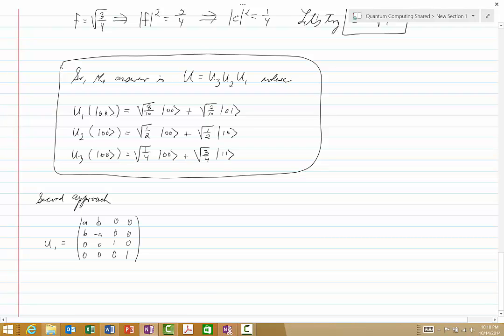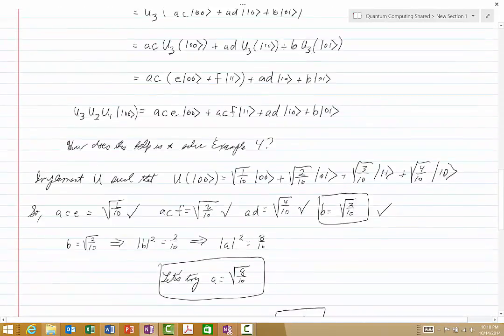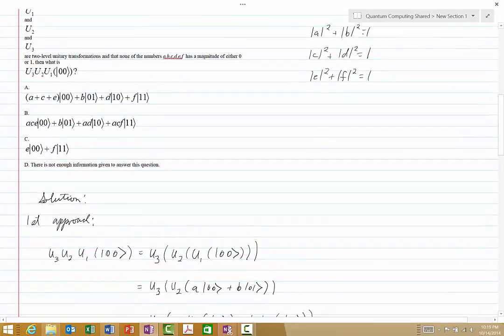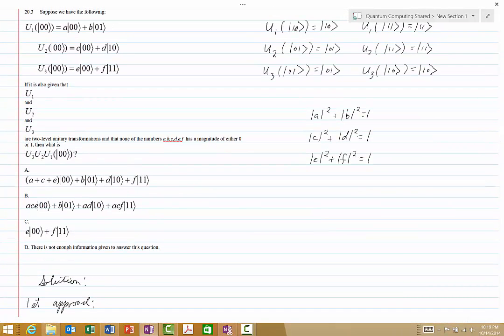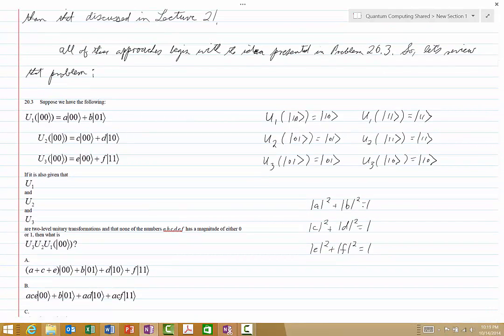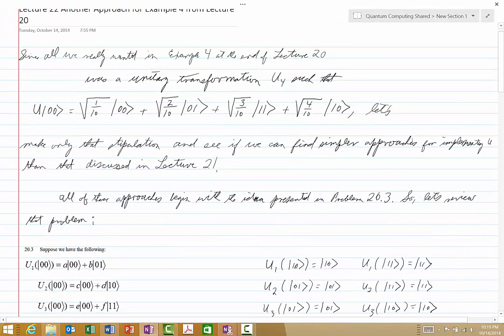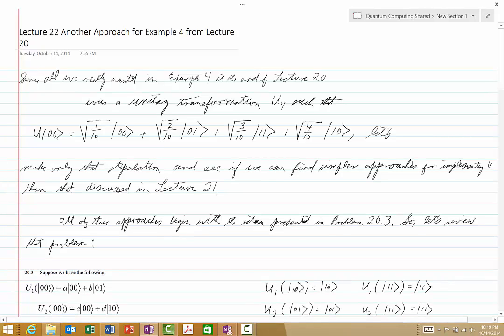And likewise for U2, from the information given, many people wrote something like this. They said, okay, U2 of 0, 0 is C 0, 0 plus D 1, 0. And now we have to figure out what ordering of the basis we have, and let's stick with the same ordering that is given here: square root of 1/10, 0, 0, and then 0, 1, 1, 1, and 1, 0.